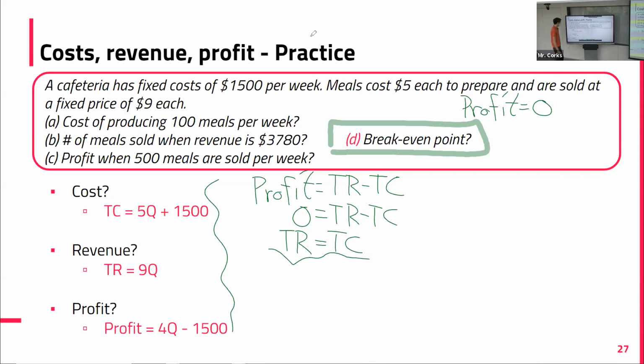All right, if we want to actually figure out what it is for this scenario, we have our total revenue, we have our profit equation, revenue and our cost equations, not very hard to figure out. So right now, take a few seconds, tell me what the break-even point is.